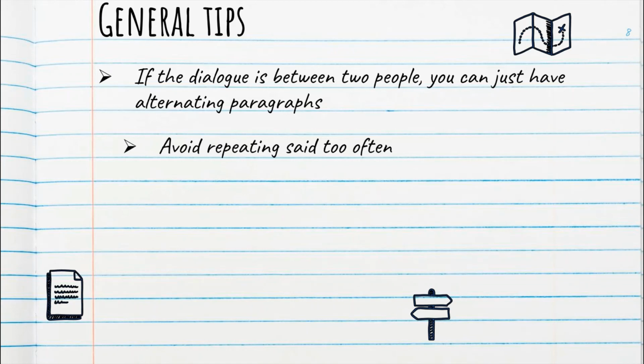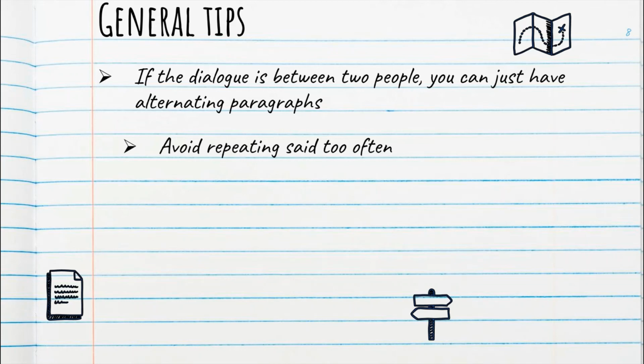As long as you establish at the very beginning of the conversation who is speaking in what order, then every now and then you can throw in a said or an action just to break up the constant speech, and then it's fine to use said a couple of times. I hope that makes sense.